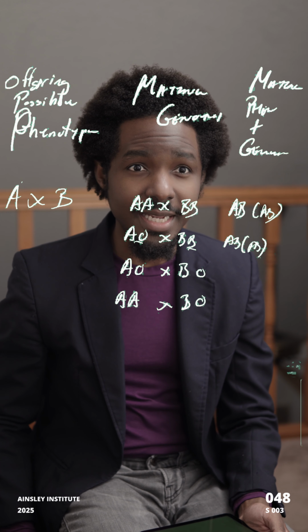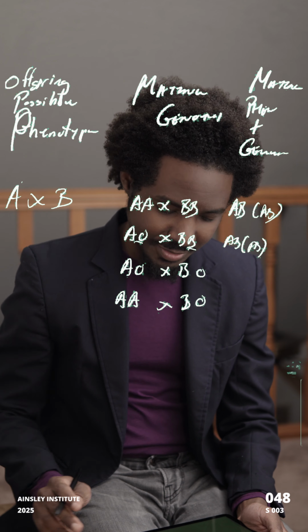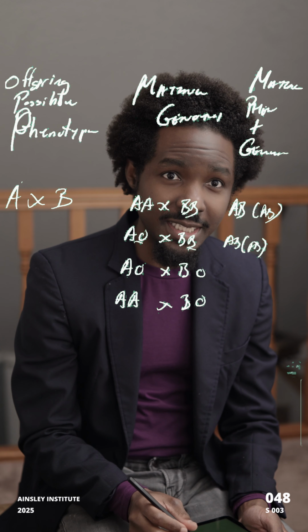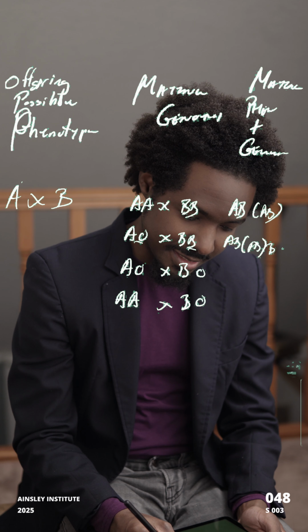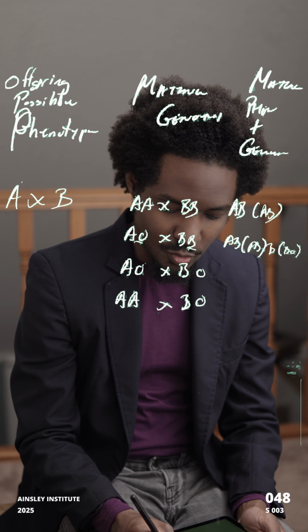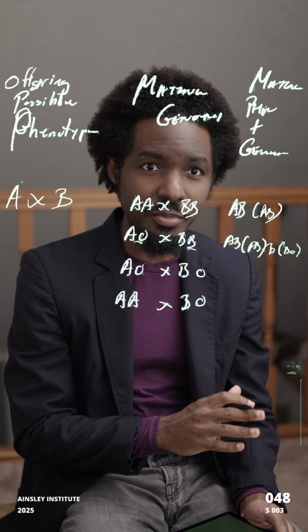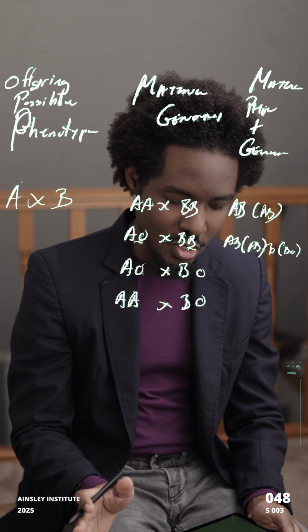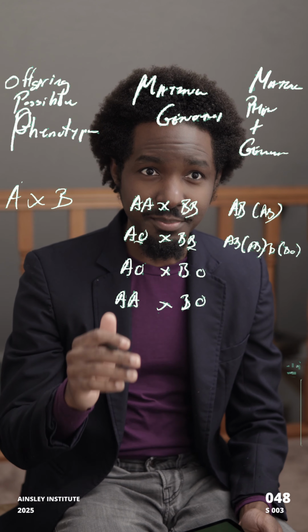And when that happens, we have an idea as to what the genotype is. So BO. We have an idea that one person is AO and the other person is BB.